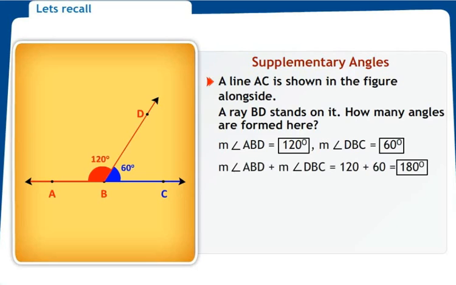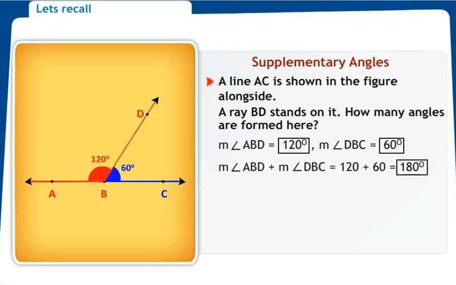What we are trying to understand here is line AC has two opposite rays, and at a common point B there is a ray BD. Because of BD we get two angles, ABD and DBC, and when we sum up their measures, it is 180 degrees.